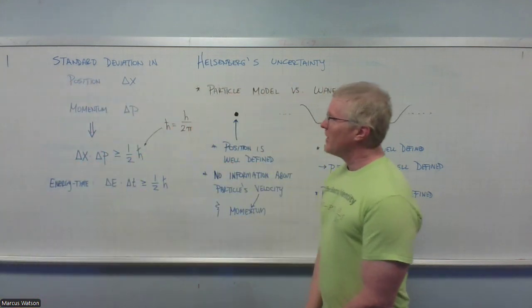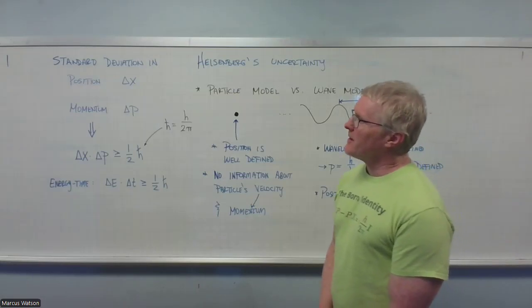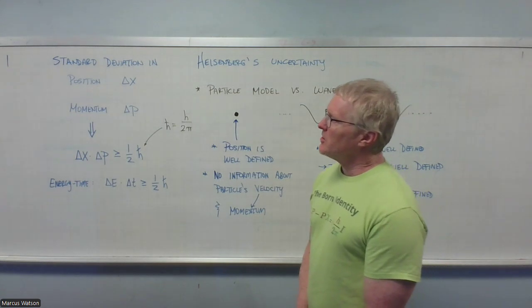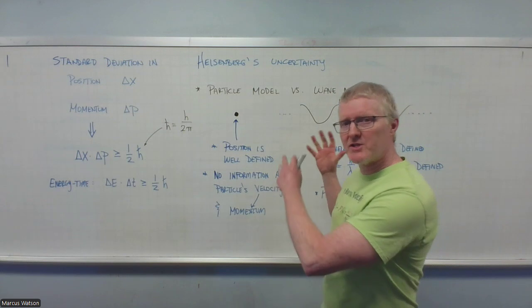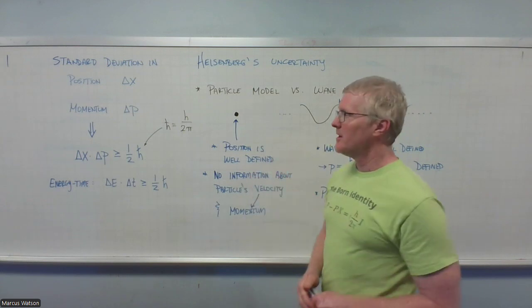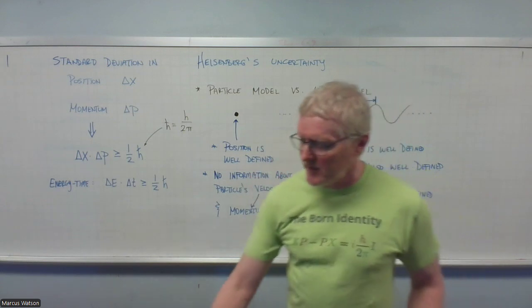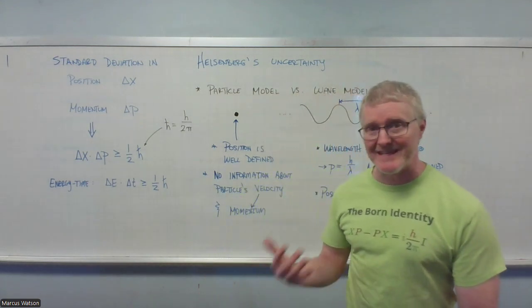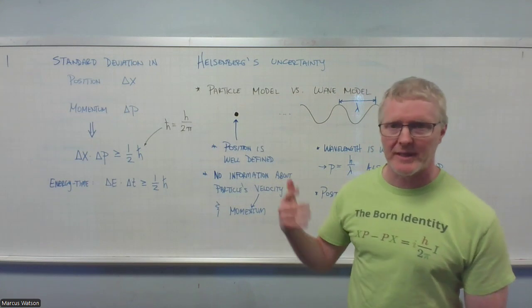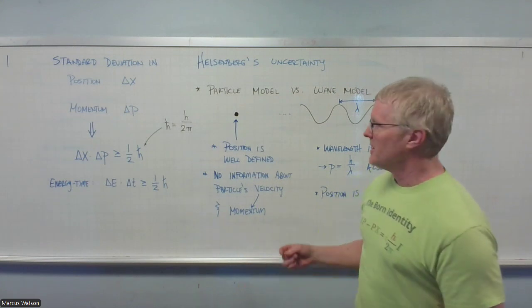Okay. Now, I will say that this is useful to think about and realize how it comes about. It's not usually well used these days, and we'll see why when we get into the more modern formulations.